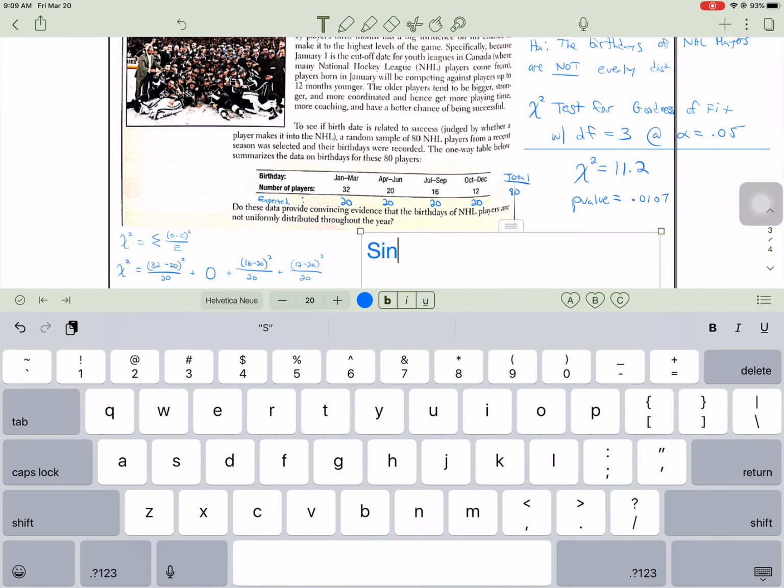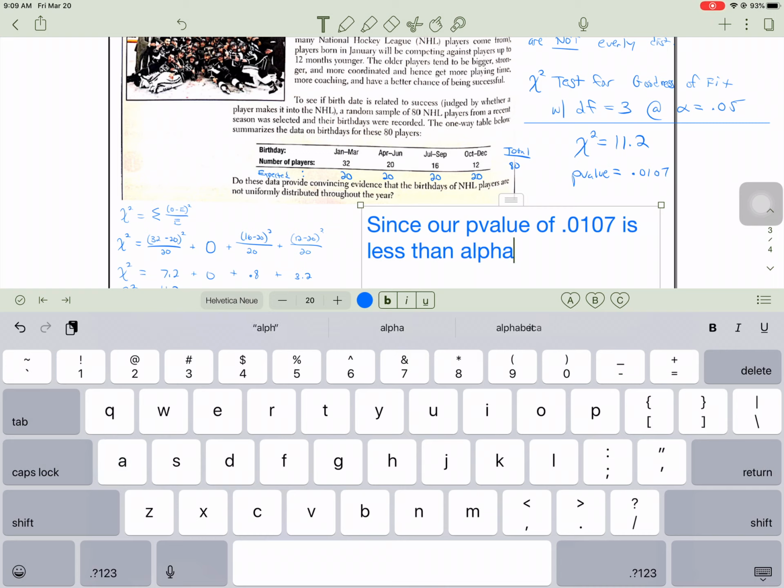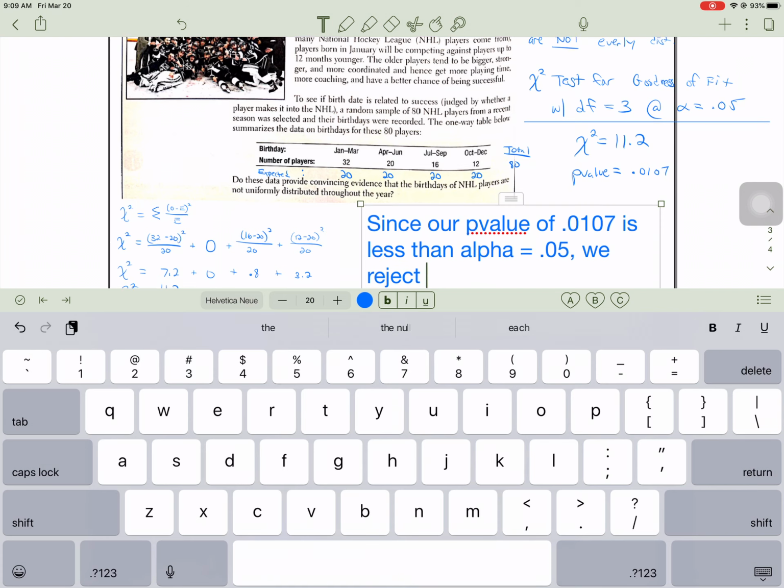Here we go. Since our p-value of 0.0107 is less than alpha equals 0.05, we reject the null.